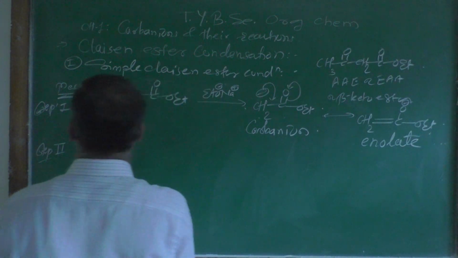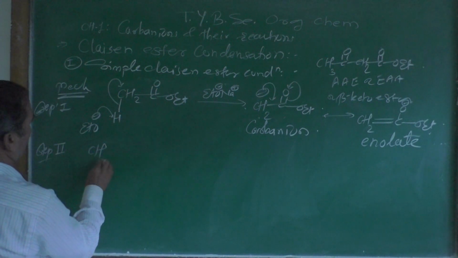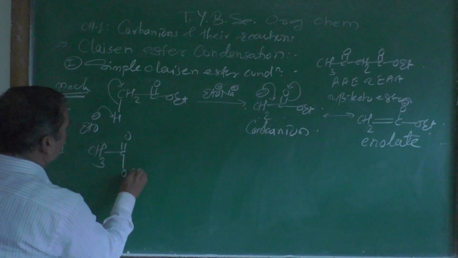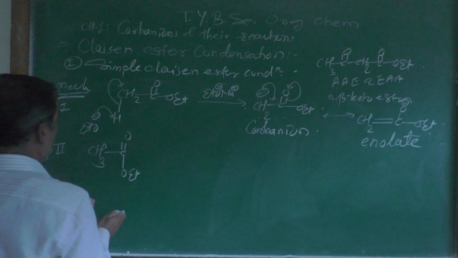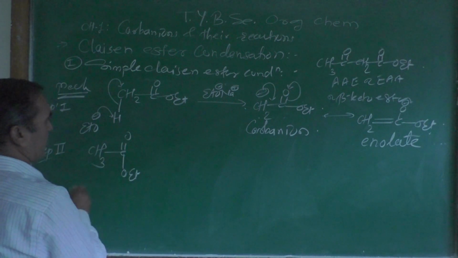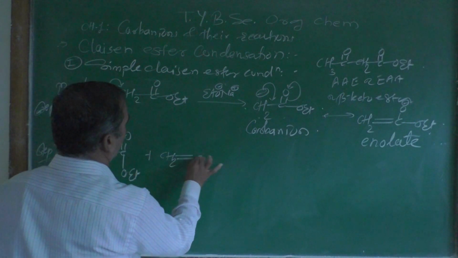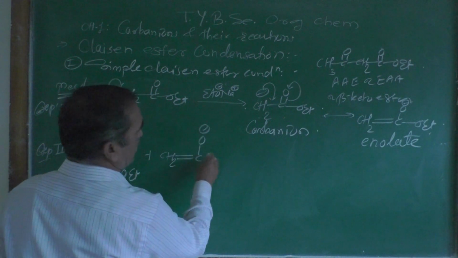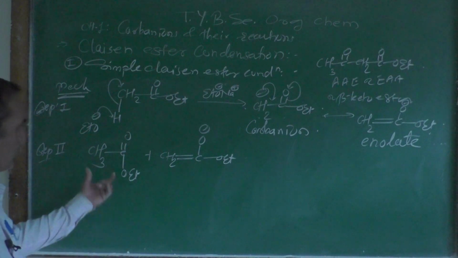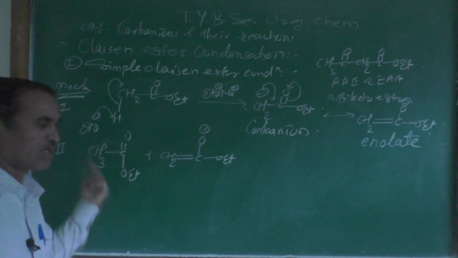That's why now I am writing a second molecule, CH3 C double bond O, with OEt for showing the mechanism. I am showing this ethyl acetate this way, and then there will be CH2 double bond C O minus and then OEt over here. Now this is the enolate, and this is our ethyl acetate, the second molecule.